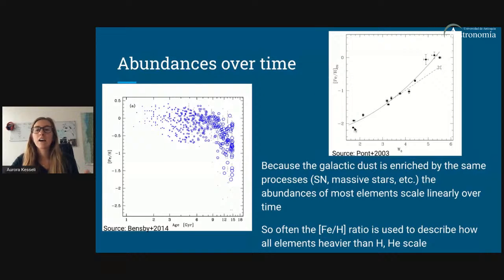And you can see that as calcium becomes more enriched, so does the iron to hydrogen ratio. And so because of that, we often just say, what is the total metallicity? And we can use this Fe over H ratio to describe how everything scales. So we just scale every single element that's heavier than hydrogen and helium with the same ratio.